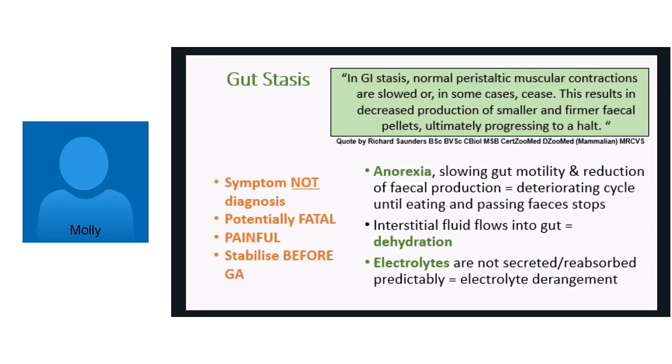So we get dehydration quite rapidly. And what we also get is very unpredictable secretion and reabsorption of electrolytes. So these animals are significantly unstable. And so just treating gut stasis as a diagnosis in and of itself is almost inevitably not going to end in success.